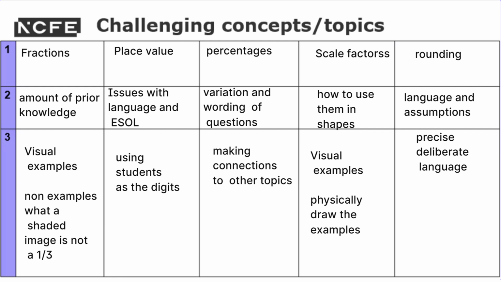Place value: one of our attendees was telling us a great way, like a game, of getting your learners up on their feet. Your learners are standing in a row in front of you, and you've got somebody who represents the thousands, the hundreds, the tens, the units, the decimal point, and perhaps tenths and hundredths.